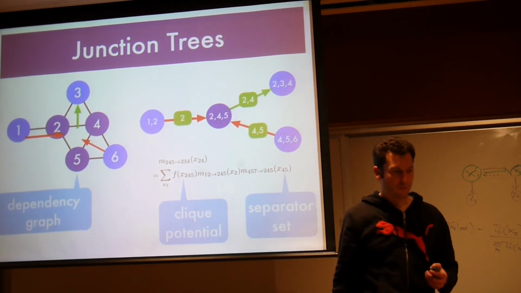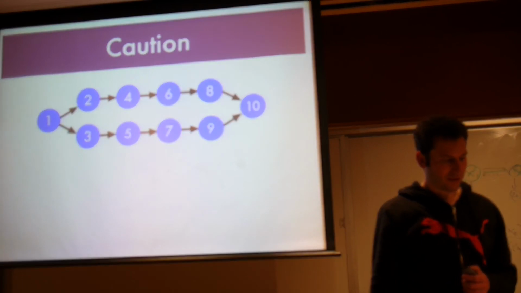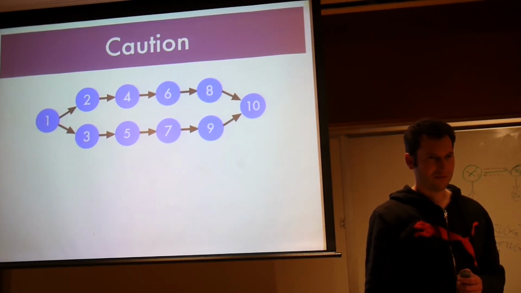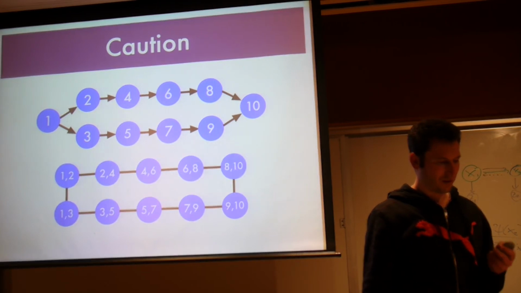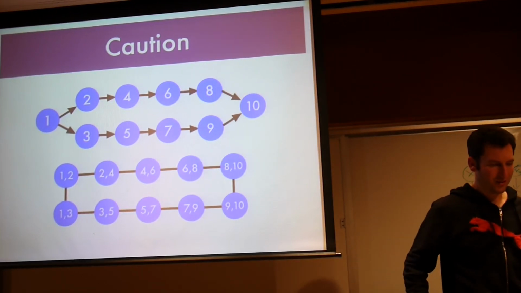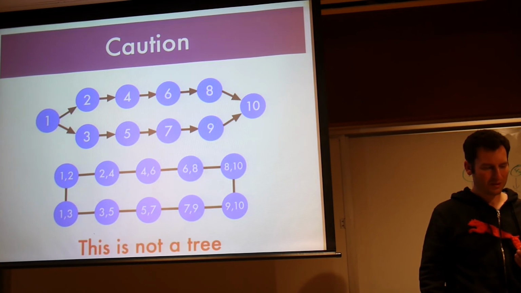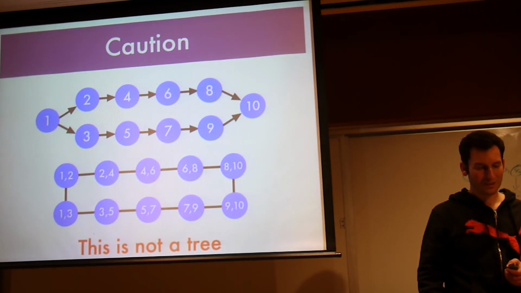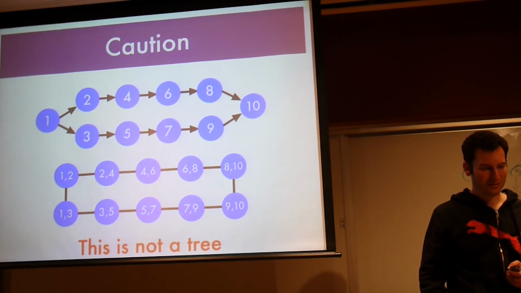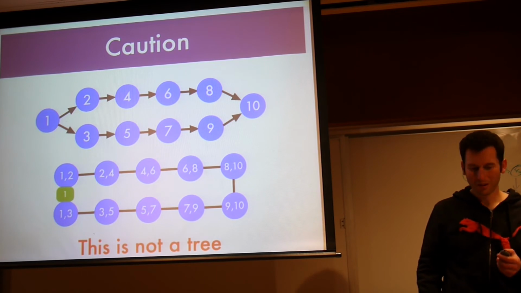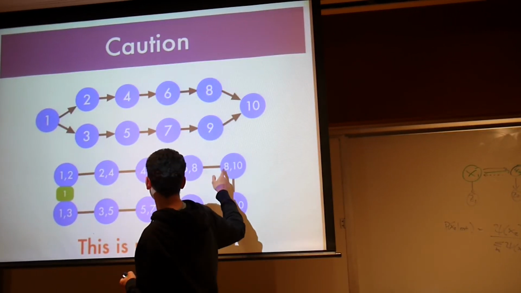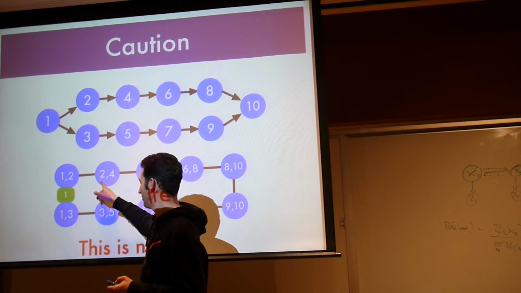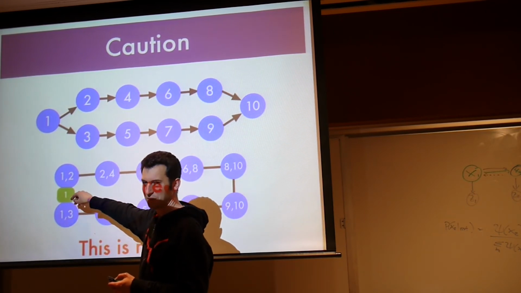Okay. So here's an example of where things can actually go horribly wrong. Let's draw the corresponding junction tree, and no, this is not a tree. So what can you do about it? The big culprit here is really that this variable 1 links everything up. So how do we get rid of the 1?